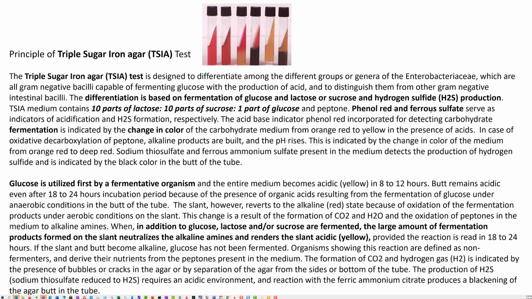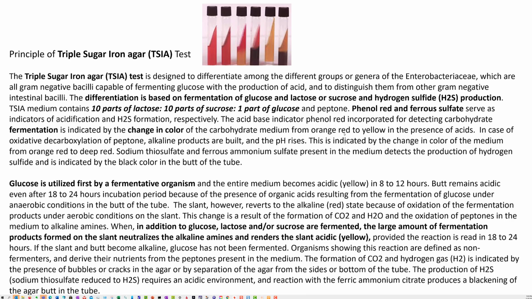Phenol red and ferrous sulfate are the indicators: phenol red is the pH indicator for acidification, and the ferrous sulfate is for the hydrogen sulfide production. That's what's responsible for turning it black. The acid-base indicator, phenol red, is incorporated for detecting carbohydrate fermentation, and that's indicated by the color change.